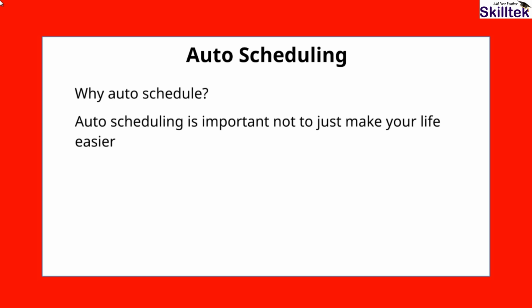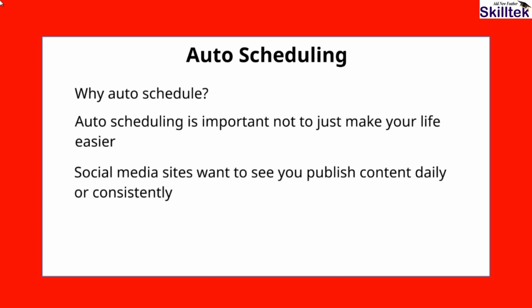So as you can imagine, auto scheduling is important to make your life a lot easier, but it's not just that. As you are aware of social media sites like Pinterest, like Facebook, Instagram, and more, these sites like to see you publish daily or on a consistent basis. And not just that, your audience that comes to follow you, they're looking to hear from you on a day-to-day basis.